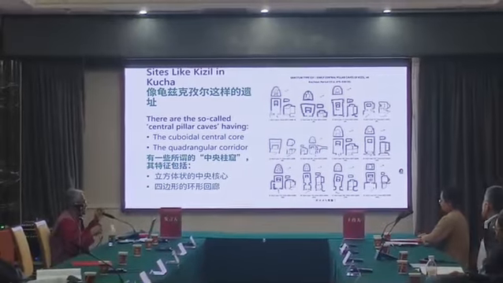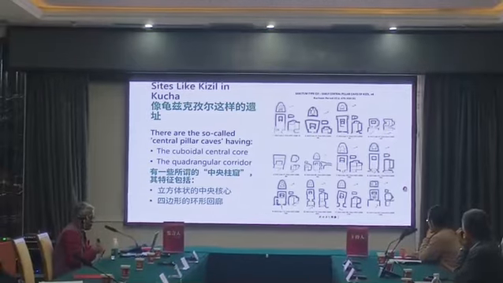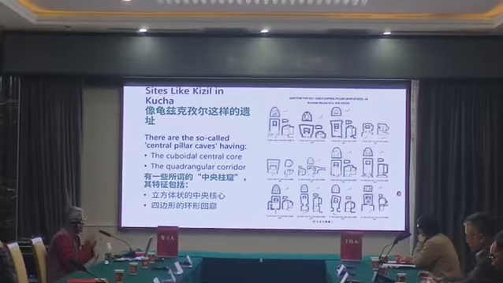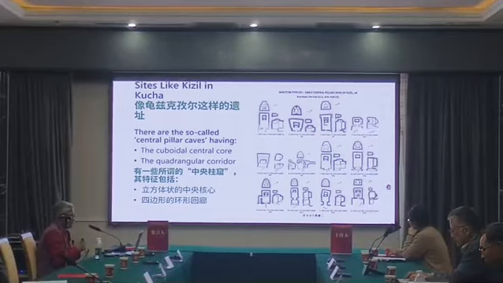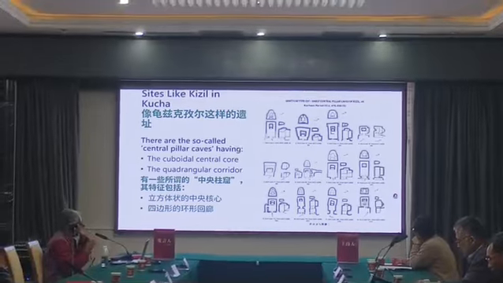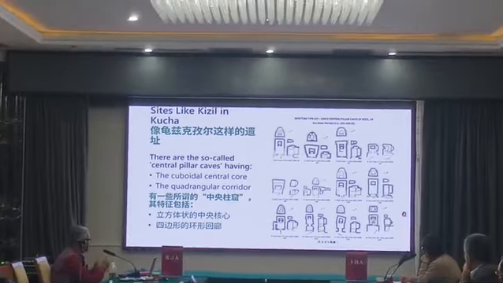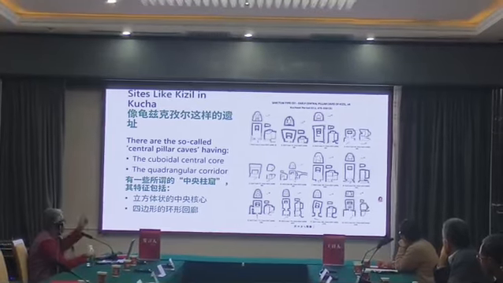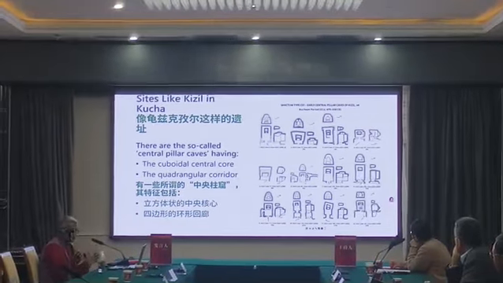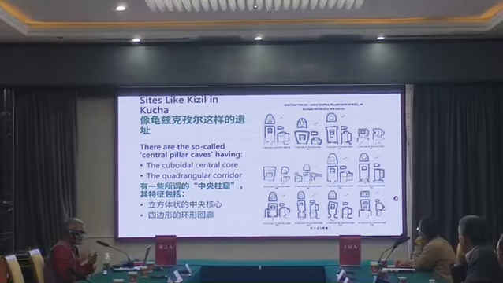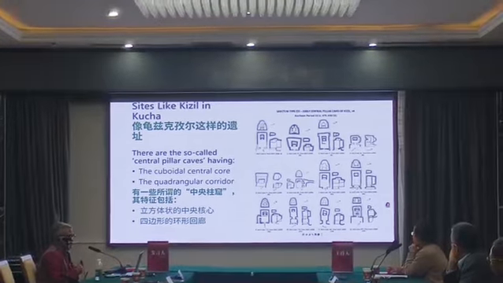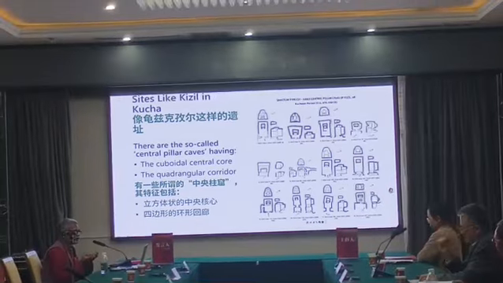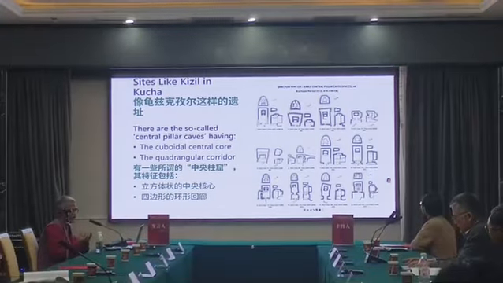In my preliminary observation, I feel that these are some of the earliest so-called central pillar caves in Kucha. But that is not the point here. The point is that this looks similar to what we are talking about. About the date, you know better than me that Chinese scholars now think that from the late 5th century AD, central pillar caves begin in China.